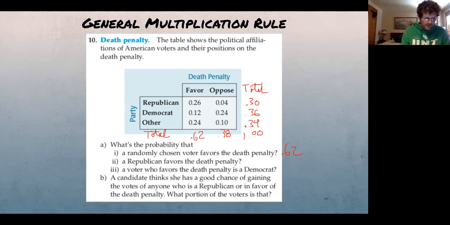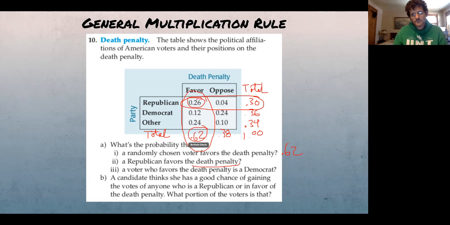So we can look at it two ways. If being a Republican is the condition, then it's 0.26 out of 0.30. We can figure that out. If it's the way that Kevin just said, if preferring the death penalty is the condition, then it's 0.26 out of 0.62. So this is one of those almost ambiguous questions.